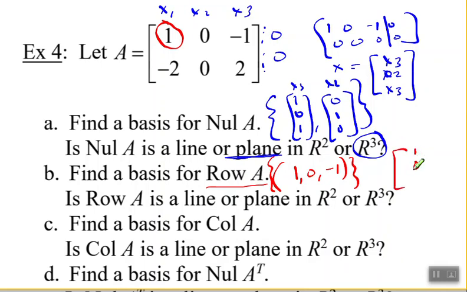And you can write that as just that one vector, 1, 0, -1. Well, what is that? Well, it's only going in one direction, so it's just a line, and that is in R3. It has 3 components.